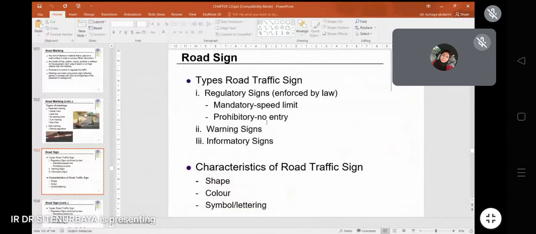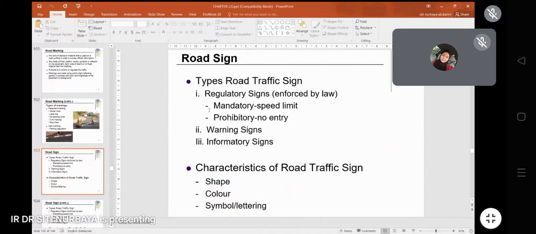Then next kita pergi kepada yang kedua iaitu road sign or road signages atau kita panggil sebagai signboards. The types of road traffic sign can be either the regulatory signs which is enforced by law. Okay, so it can be either mandatory speed limit or the prohibitory no entry. And then the next type will be the warning signboard.